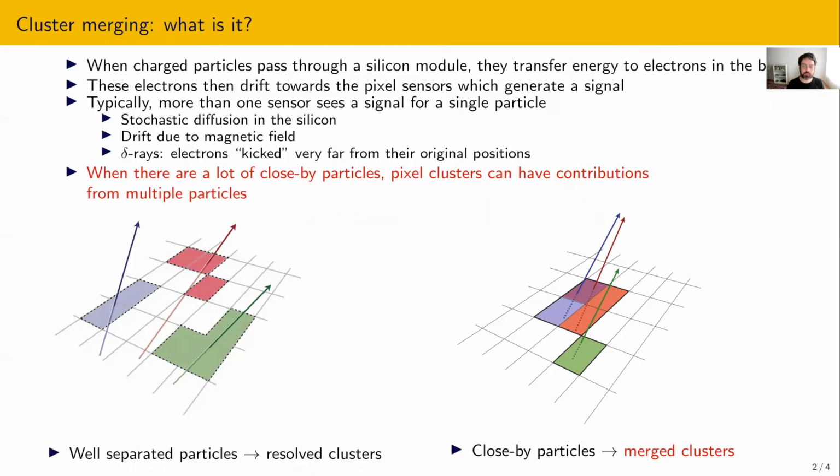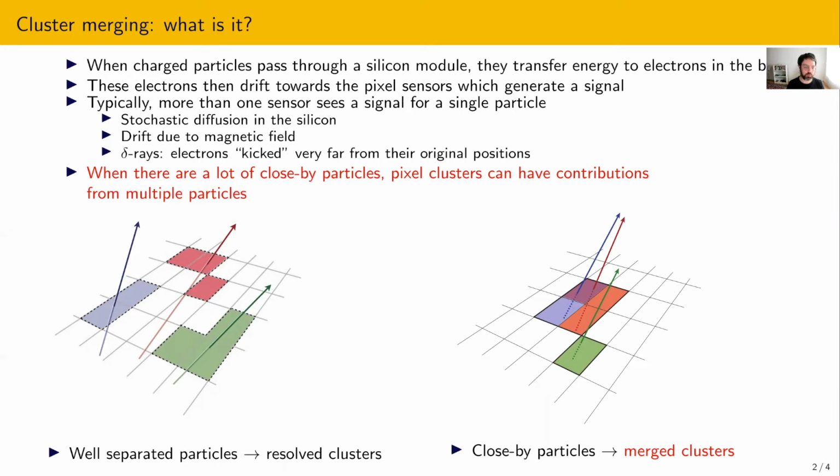But typically, for a given particle, you will see signal in many pixels. That's due to a couple of different things, such as stochastic diffusion in the silicon, the charge drifting because there's usually a magnetic field in the detector, or even delta rays, which are electrons kicked very far from their original positions in the silicon sensor.